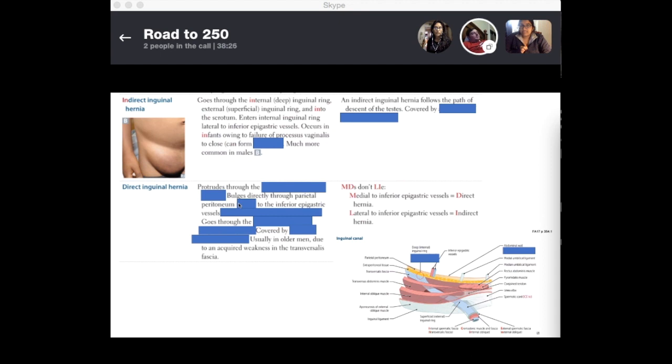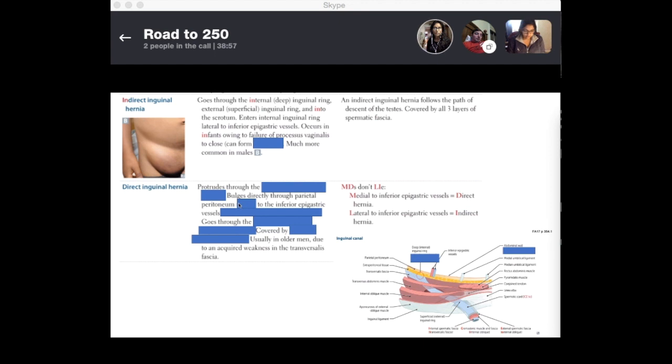Spermatic cord? Yes. So these are going to be covered by all 3 layers of the spermatic fascia, whose importance will make sense once we talk about direct inguinal hernias, because that's where these two have a difference.